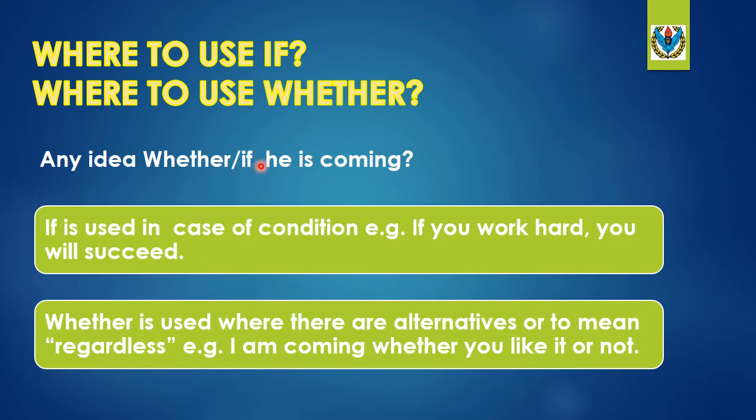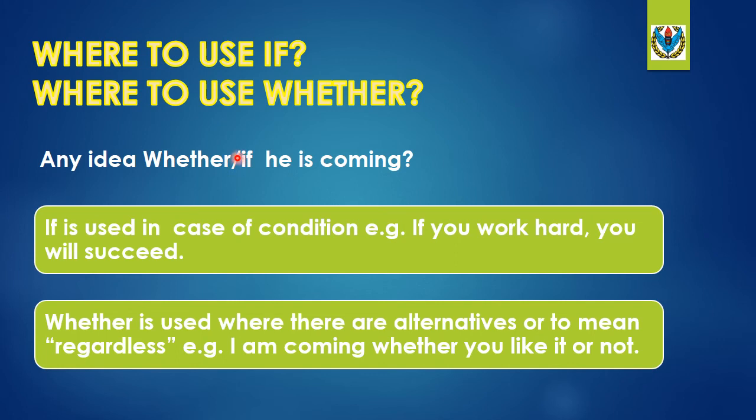Any idea whether he is coming? Any idea if he is coming? So in this type of sentence, we can use either whether or if because we can use them interchangeably. It doesn't make any change in the meaning. It doesn't make any difference.